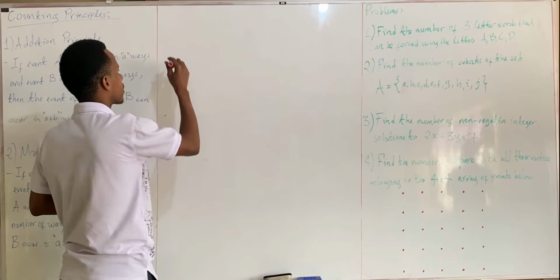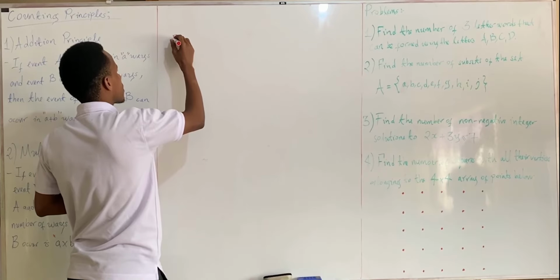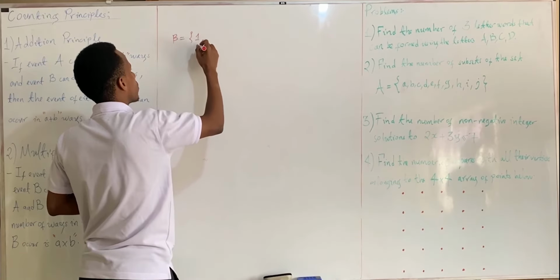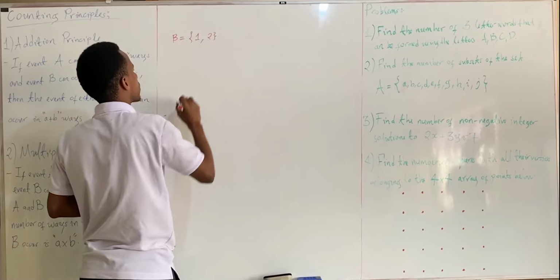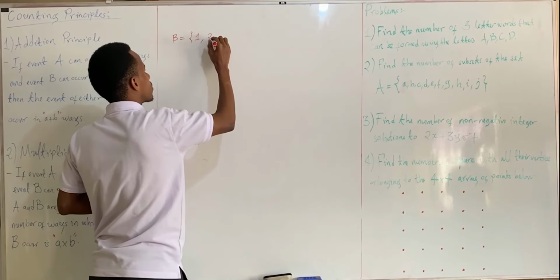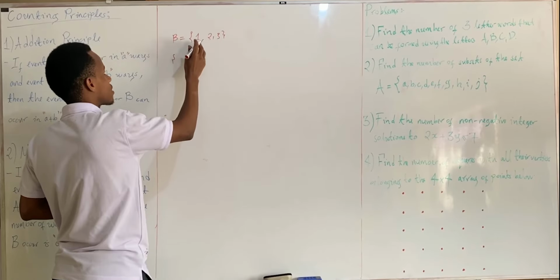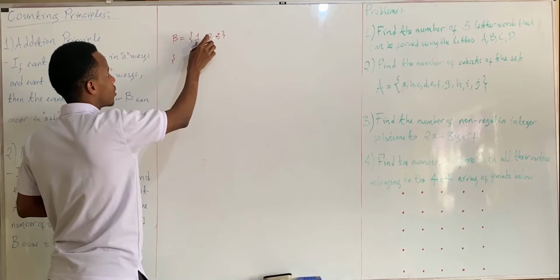So for example, maybe my set, instead of being that, is 1, 2, and 3. So a subset can contain some of the elements of the original set.